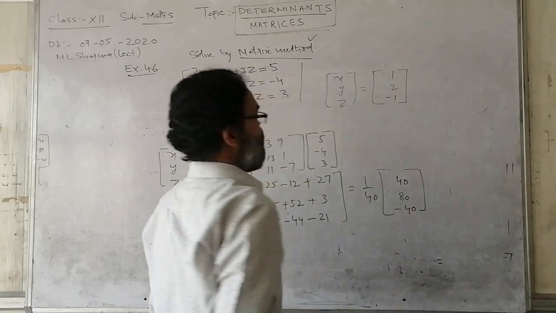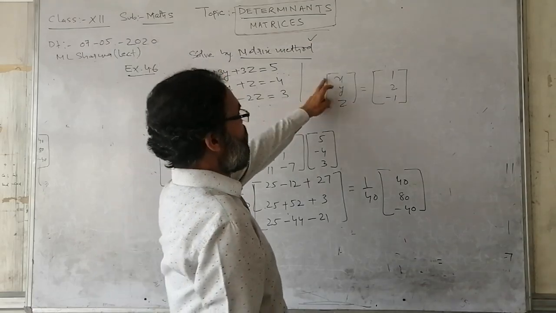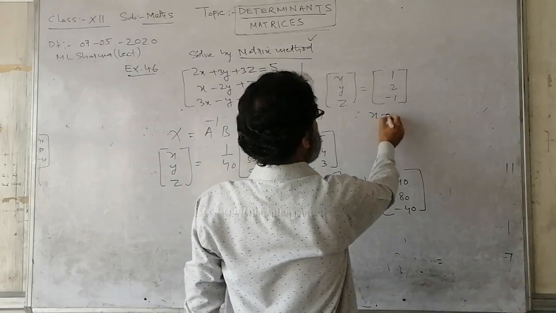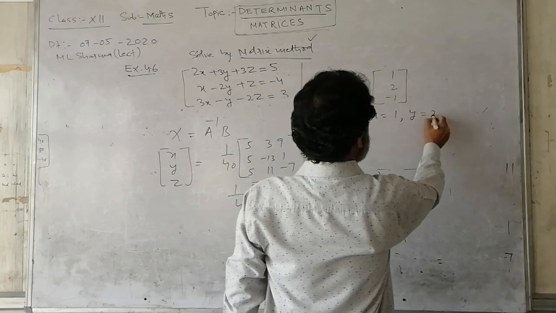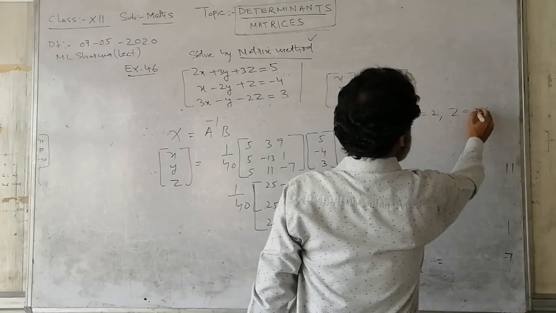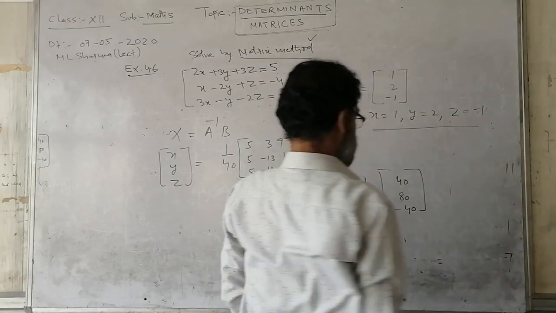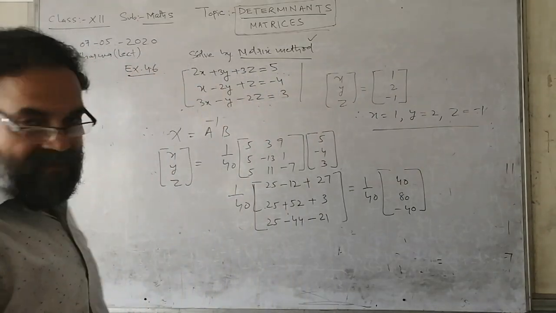So these are two matrices which are equal, and if they are equal, that means x equals 1, y equals 2, z equals minus 1. So these are the three values which I have found.